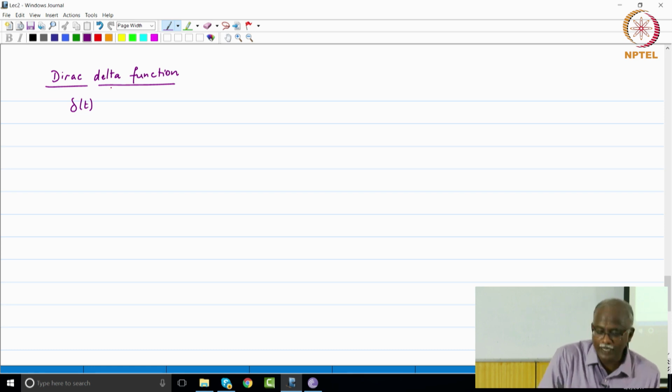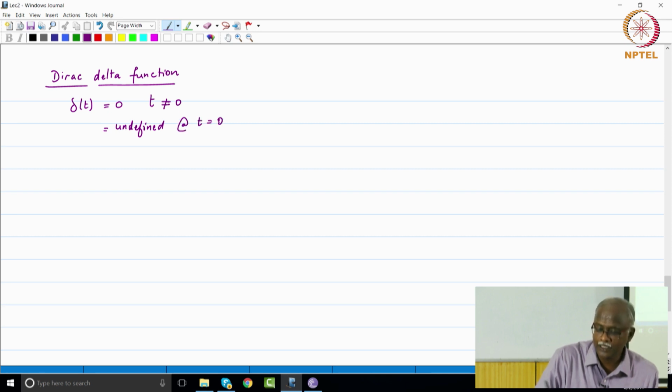We look at it as a function that is equal to 0 everywhere other than t equal to 0. Okay, it is equal to 0 everywhere, but it is also undefined at t equal to 0.